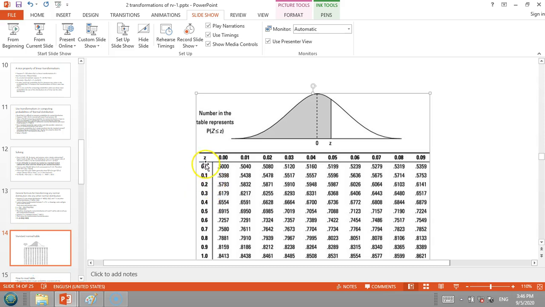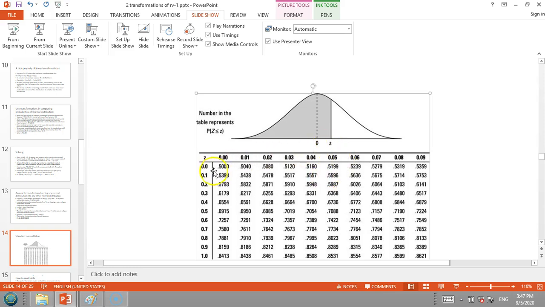This is not very precise here. The precision is here of z. So if z is 0.100, I look at this one. If it's 0.11, I look at this one. If my z is 0.15, I look at this one. Okay?